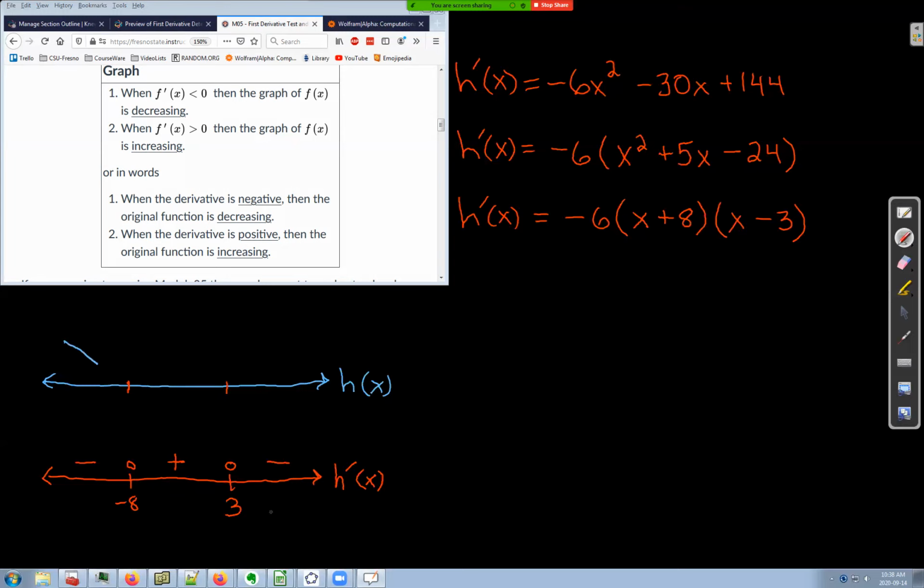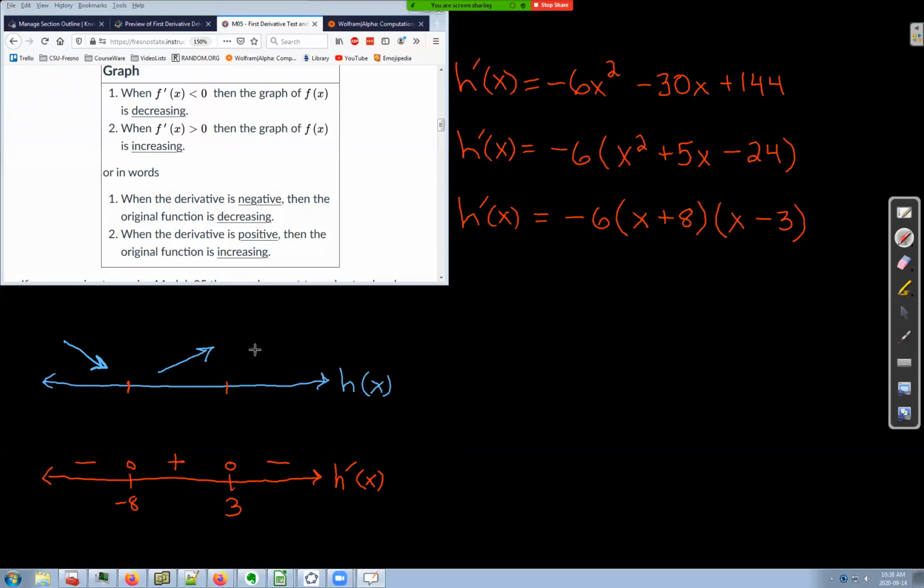And I say that, okay, the fact that the derivative is negative on this region means the original function is decreasing. So what I do for myself is I draw a negatively sloped line. And then in this region, I draw a positively sloped line to indicate that the function's increasing.